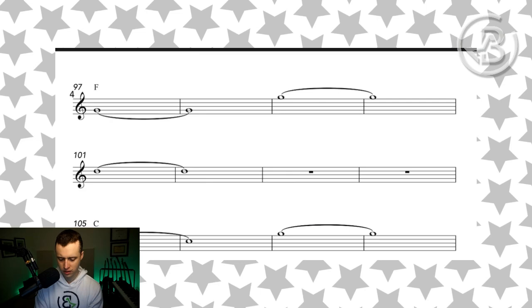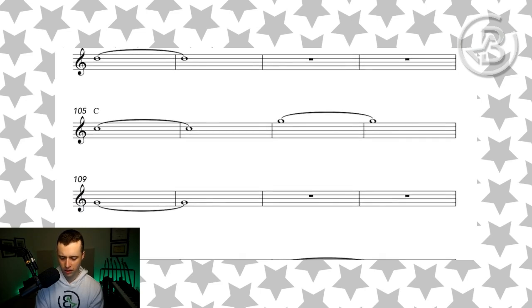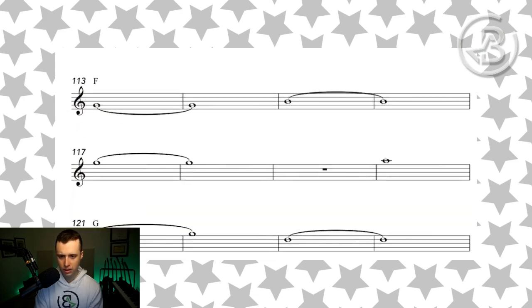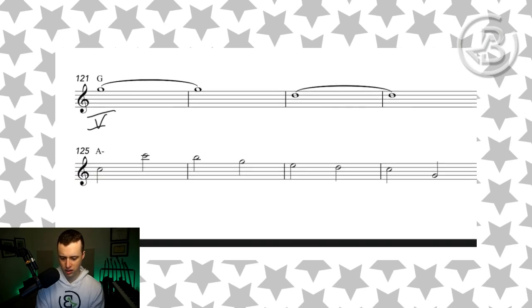And 97, 4. 105 we have 1. 113 back to 4. 121 we have 5. Then we have 6.